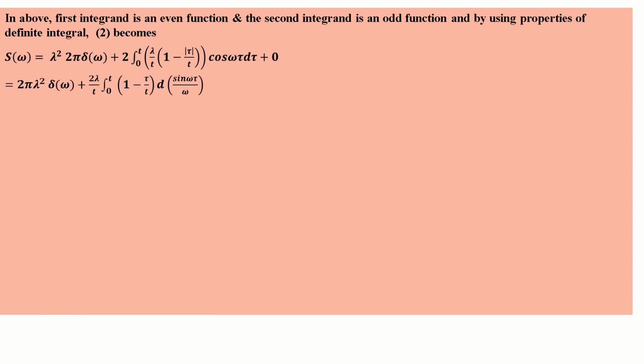So this is equal to 2π λ² δ(ω) plus 2λ²/T, a constant you take outside, times the integral from 0 to T. Since 0 to T is a positive interval, modulus τ is τ only, so 1 minus τ by T into cos ωτ dτ, where cos ωτ dτ can be written as the derivative of sin ωτ by ω.